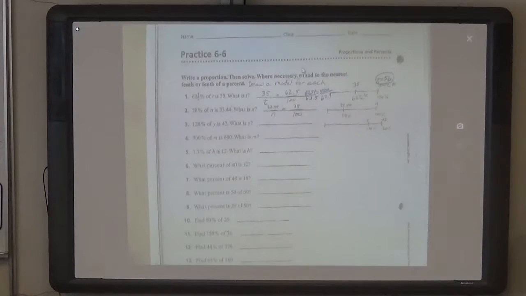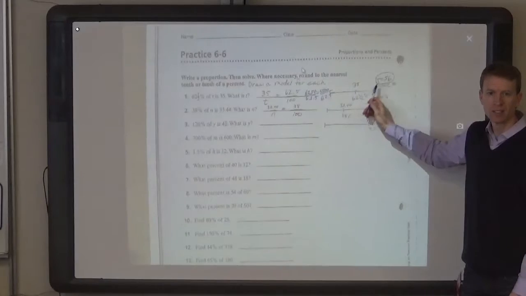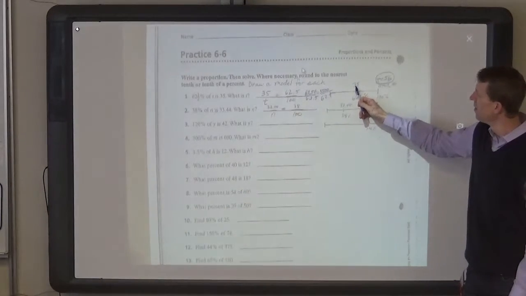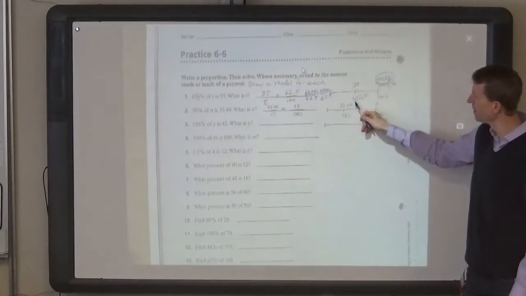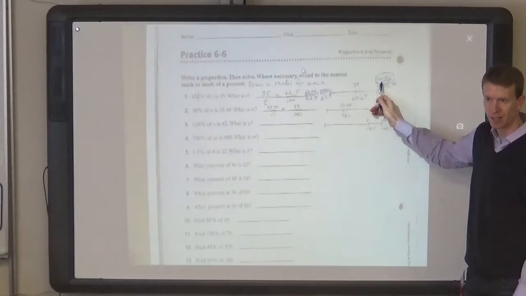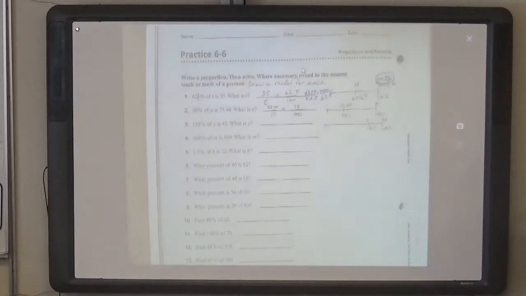Okay? And that's where you can write your answer, on the model. And then check and see if it makes sense. 35 is a little over half of 56. So does that make sense that 35 would be 62.5% of 56? As you look at those numbers, does that make sense?